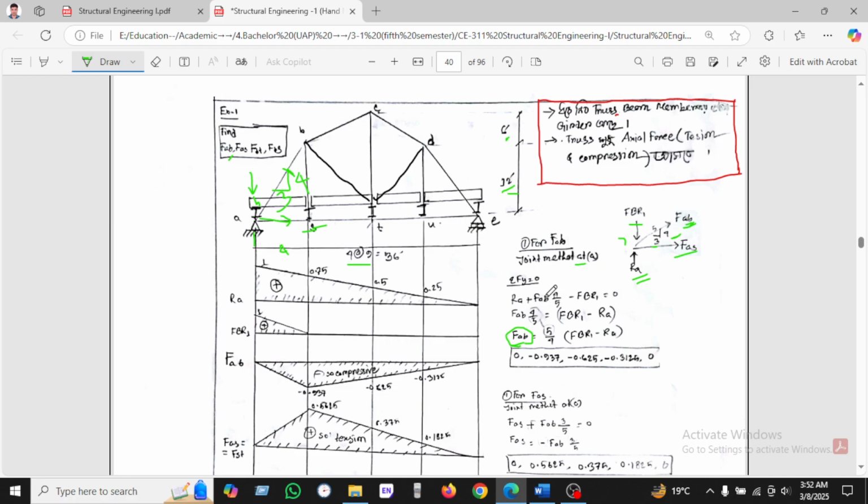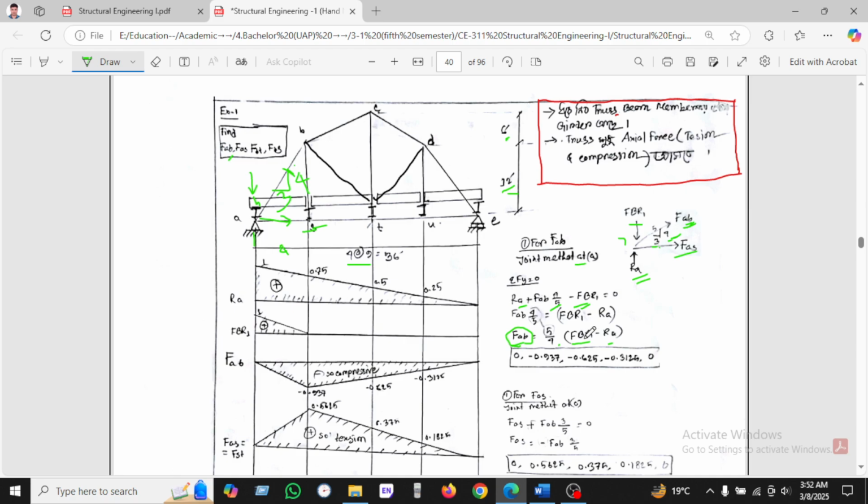When taking the FY, we will take 4 by 3, and 4 by 3 we are taking here for RA, and floor beam R1, and in this way 5 by 4 for floor beam.